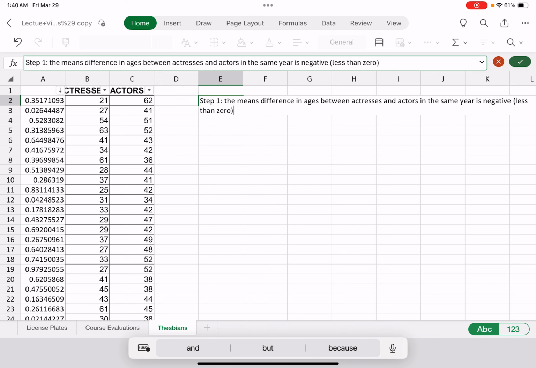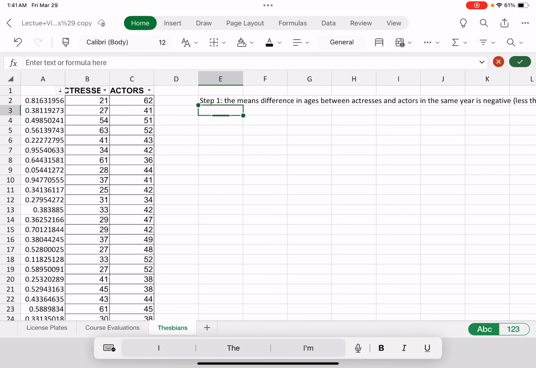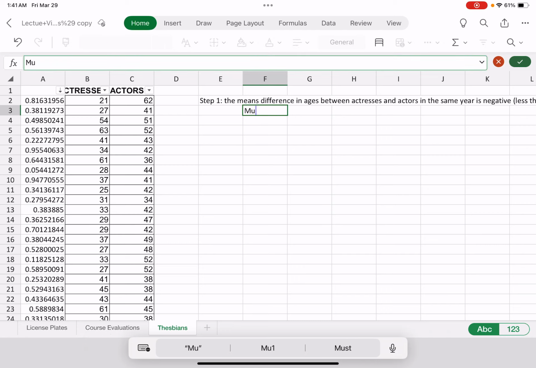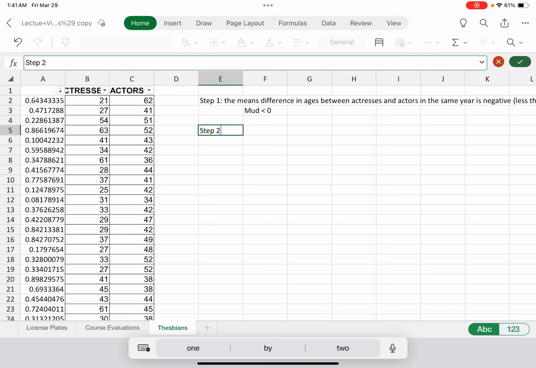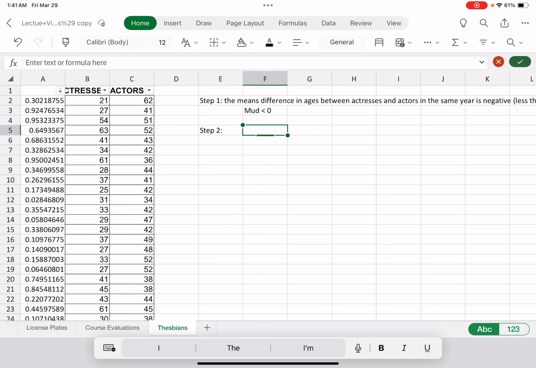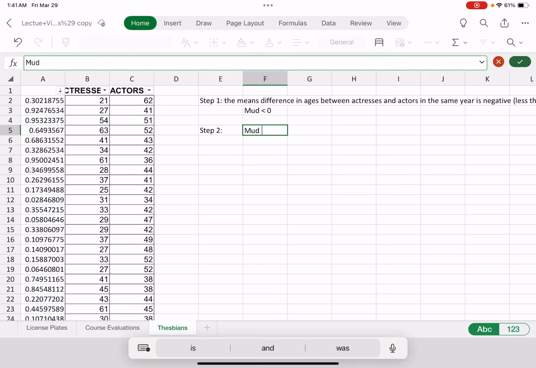All right, so symbolically, what does that look like? Symbolically, that would be mu d is less than 0. Okay. Step 2, the alternative of that is mu d is greater than or equal to 0.